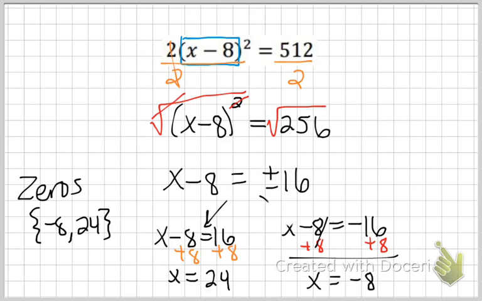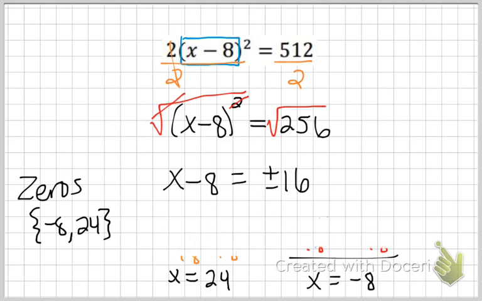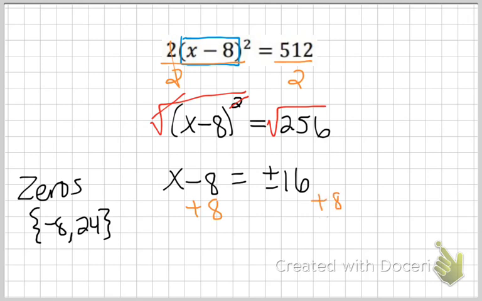Now there's an alternative way of breaking this up, and I'm going to show you, in case you get confused. We're trying to solve for x. So I'm going to move the 8, and now we're going to have to add it over here. So we get that x is plus or minus 16 plus 8.